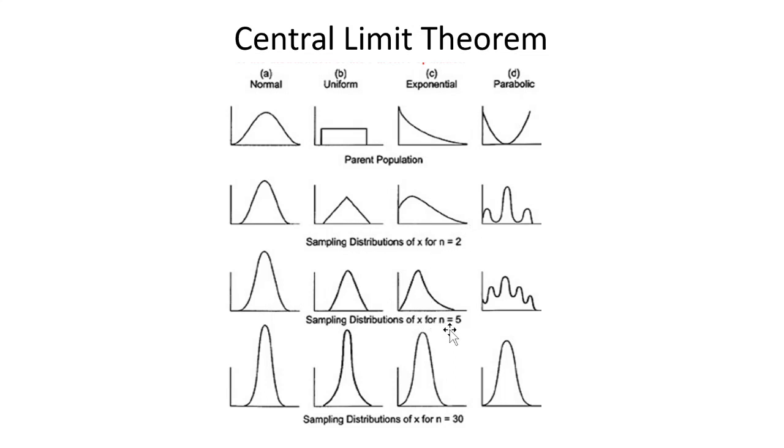As n is equal to 5, it's a little better, but look, not quite. But once n hits 30, we have a pretty normal curve. So it doesn't matter what the starting population distribution looks like. The distribution of the sample means is going to be normal if n is equal to or greater than 30.